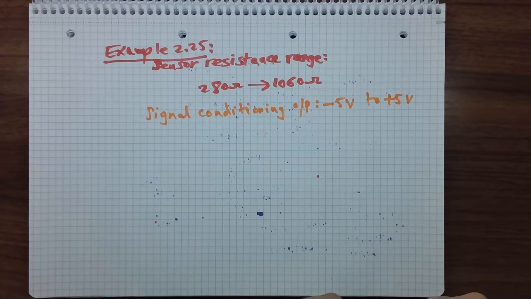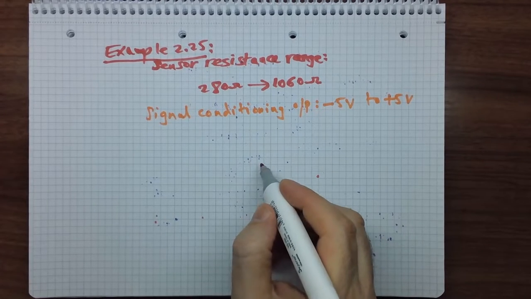So one way to do this, we can have an inverting amplifier. Okay, we can have an inverting amplifier like this.